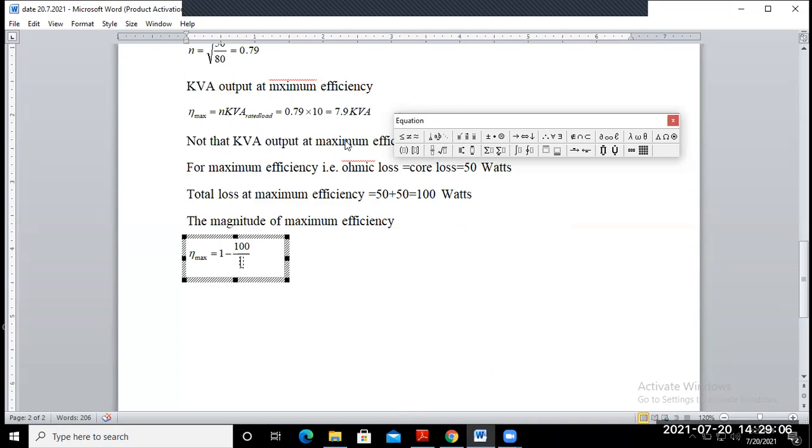You convert it into volt ampere. That means 7900 into power factor, that means 0.8, plus total losses 100.